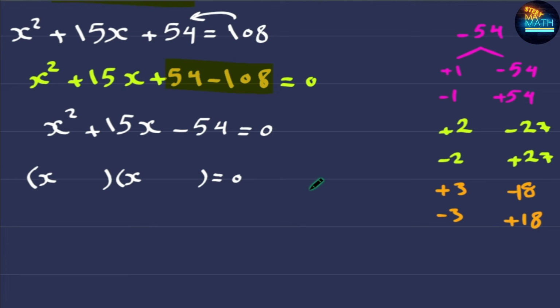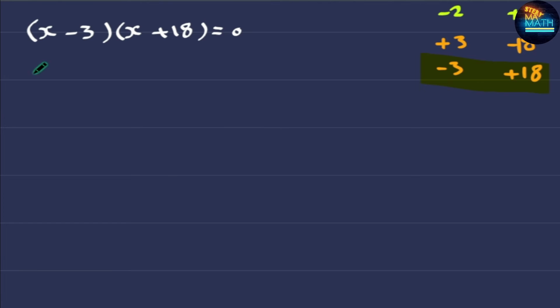And then you will figure out that negative 3 plus 18 is equal to 15, which is the coefficient of the middle term. Now the first factor is x minus 3, and the second factor is x plus 18, and their multiplication is equal to 0.